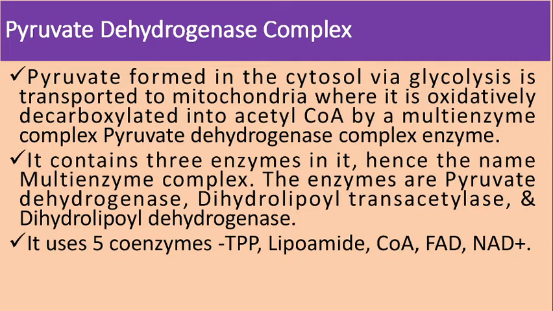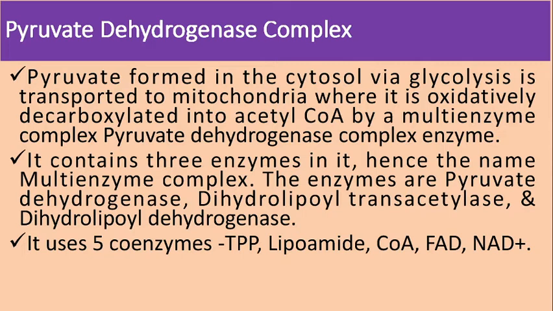Then the acetyl CoA will enter into the TCA cycle to be metabolized into CO2 and water, which will liberate 3 ATPs. Since two molecules of pyruvate are generated during glycolysis, it will result in the production of 6 ATPs.